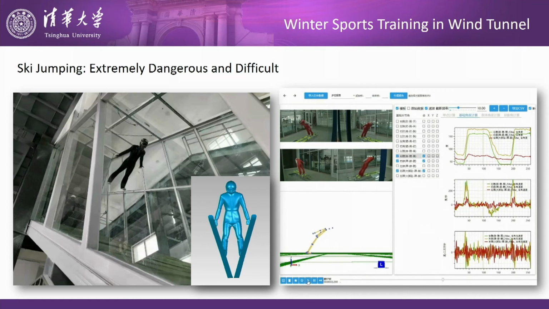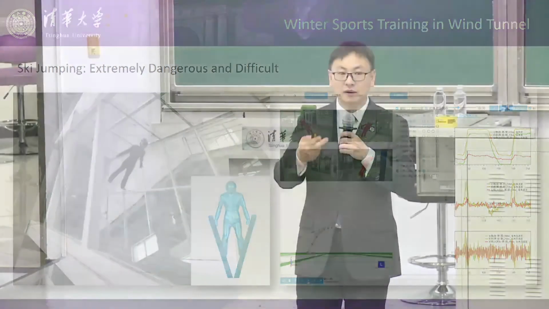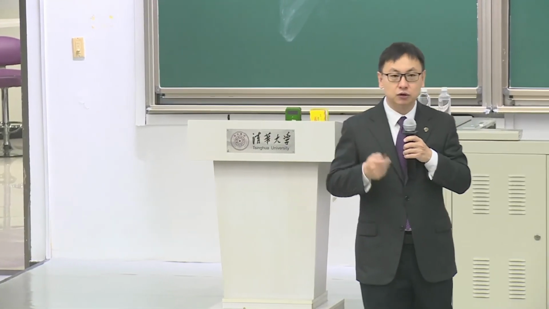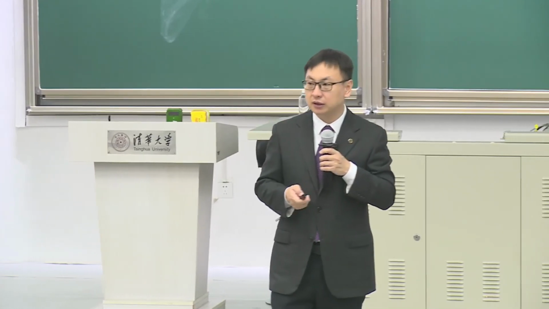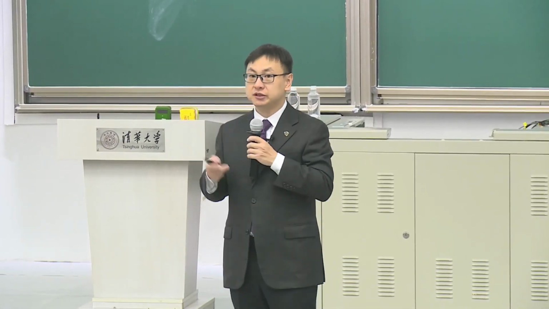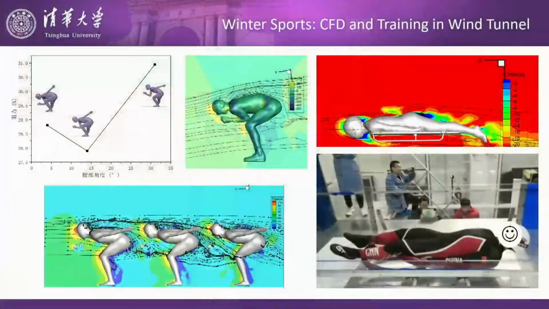We can train them to get familiar with the air, so they can control their body in the air and do not have to think anymore. Also, we do gesture and posture optimization and team formation for skating, downhill skiing, skeleton, and luge.